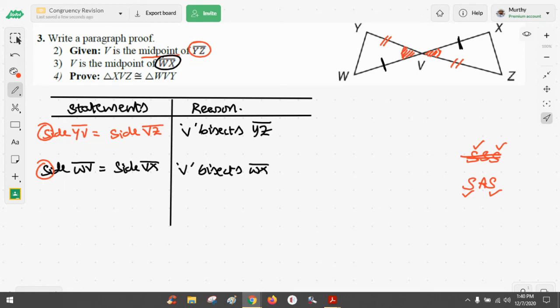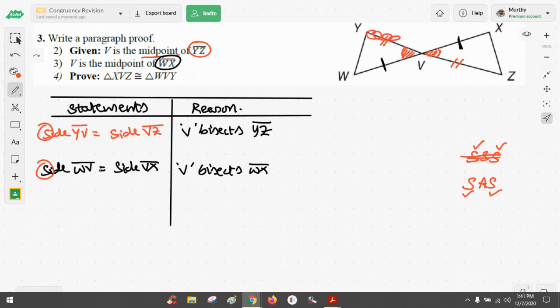Vertically opposite angles are equal. By the way, these angles are marked in between the sides. Please notice that these two angles are marked. Therefore, I can say that it is an included angle.